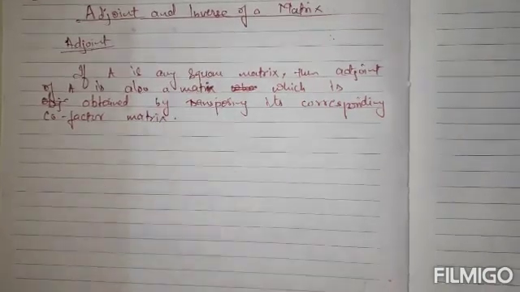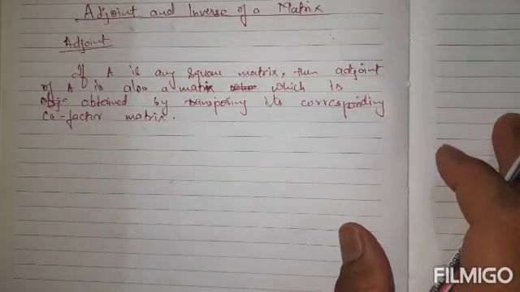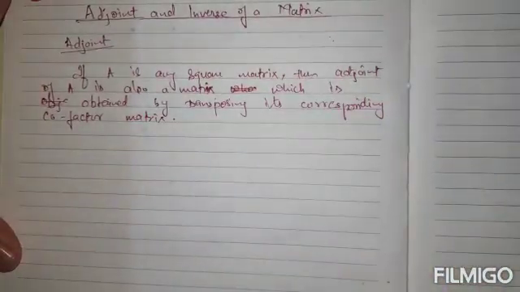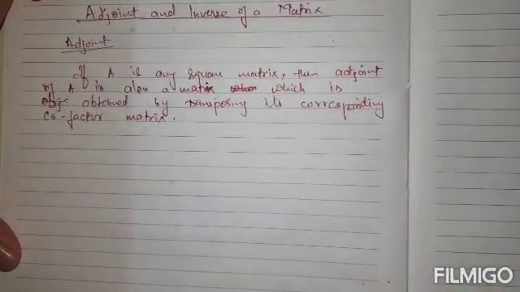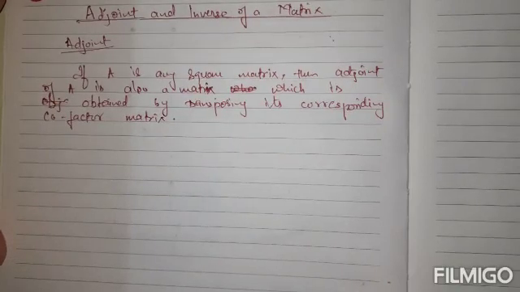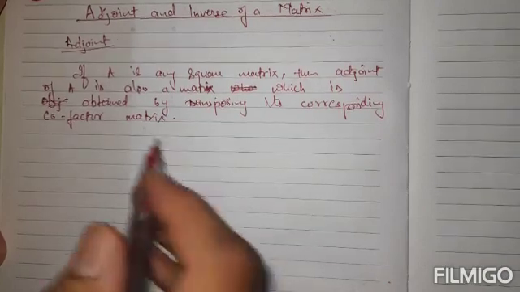See, it means students, if A is any matrix and if we find the cofactors of all the elements of this matrix and place all the cofactors in their corresponding places, then the transpose of the matrix so obtained is the adjoint of that matrix.